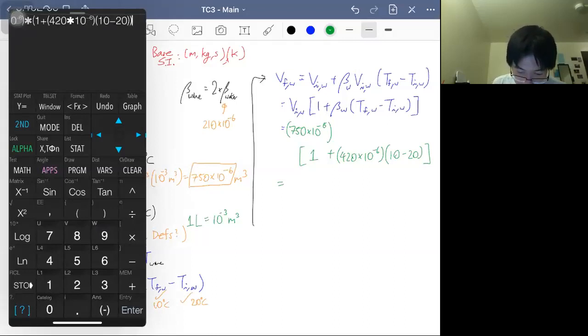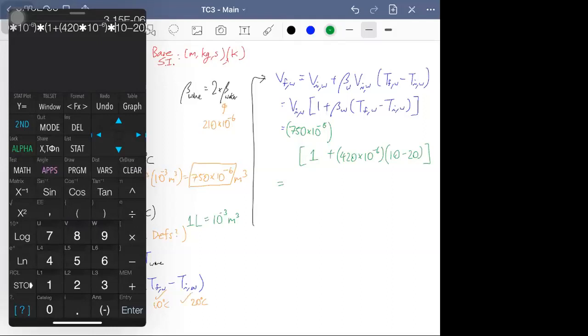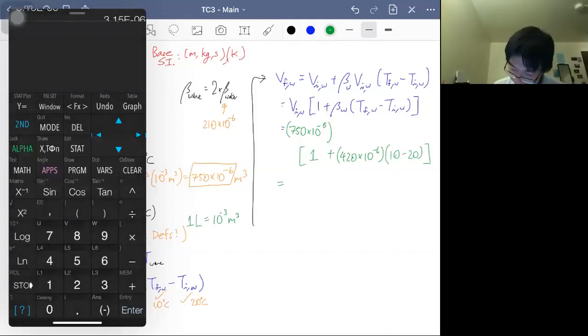Oops, what did I do? 10 minus, no, brackets. There's a bracket. I'll do this one by one. 420 times 10 to the power of minus 6 times 10 minus 20 is negative 10. Right?